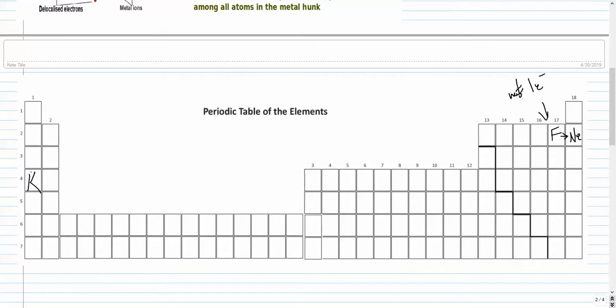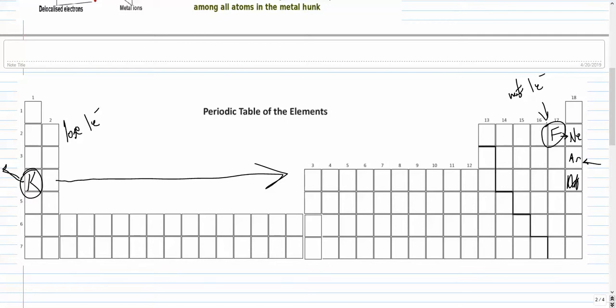Potassium has one outer electron, and rather than try and gain a whole boatload of electrons to be like this one, it seems a lot easier to lose 1 electron. So if potassium loses 1 electron, it becomes like this noble gas right here, argon. So what if you had a potassium atom and a fluorine atom meet?